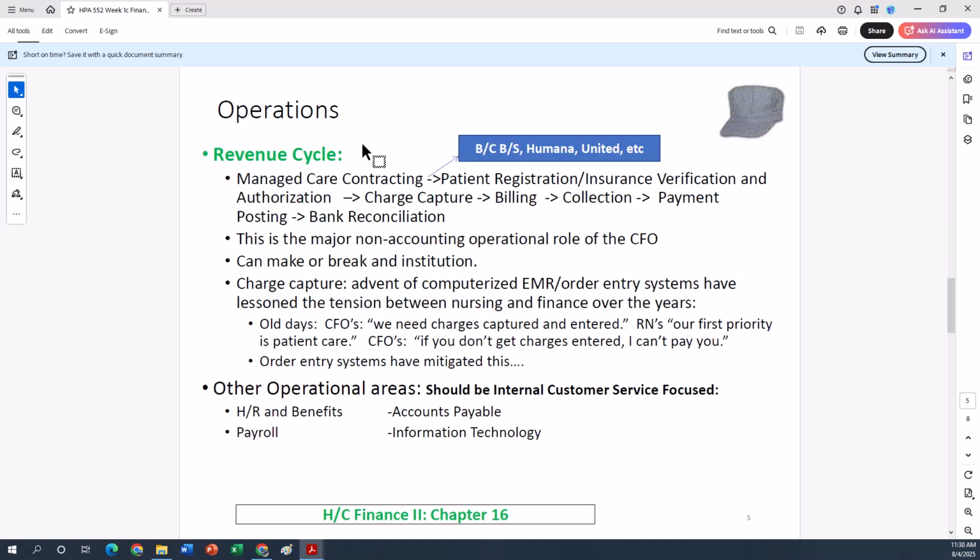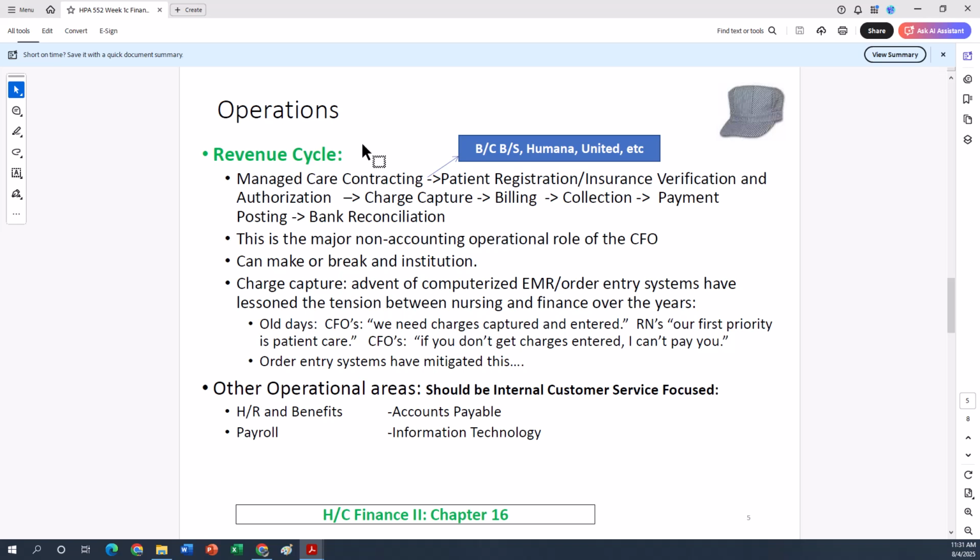Operations. This is where I really enjoyed my time in finance. The most significant one is oversight of the revenue cycle. We're going to talk about that in chapter 16, and there's a complete additional supplemental lecture on the revenue cycle.